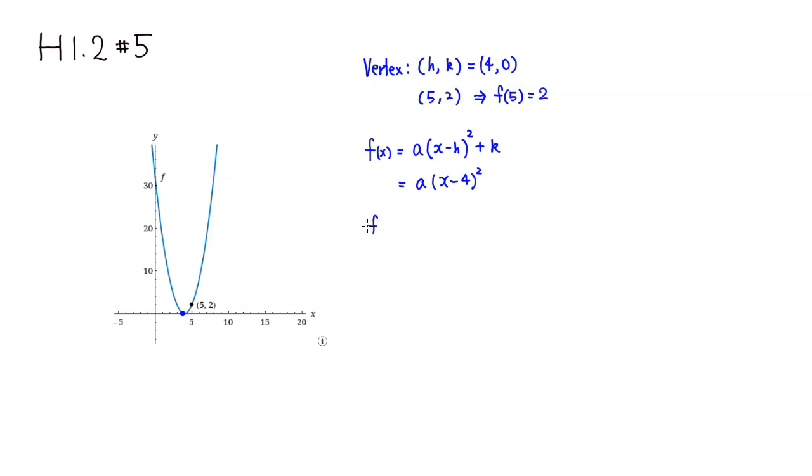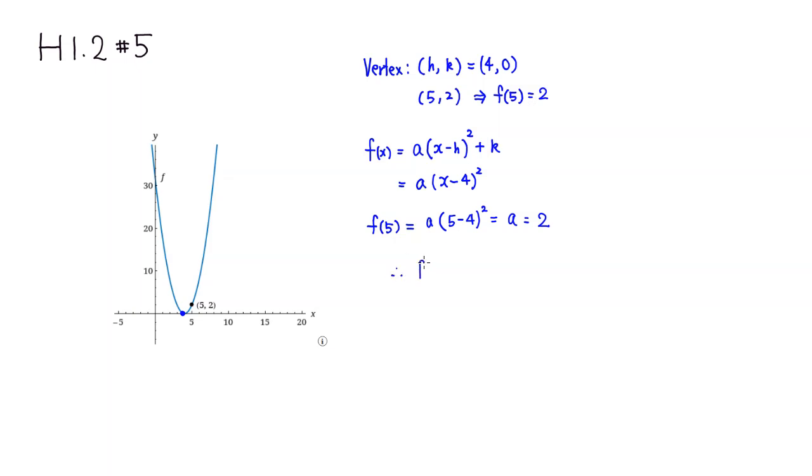We have f of 5, so you have a times, plugging in 5 for x, 5 minus 4 squared, which is 5 minus 4 is 1, squared is 1. So it's a times 1, which is just a, and that has to be equal to 2 from here.